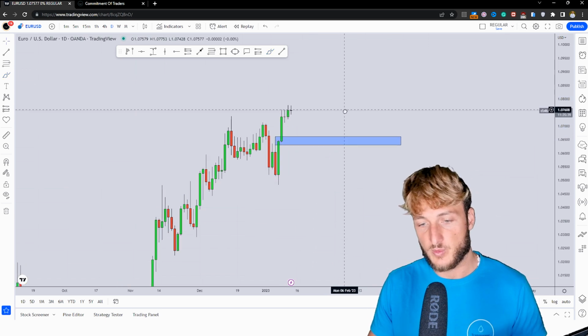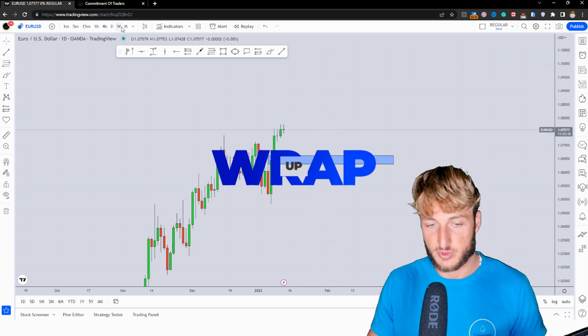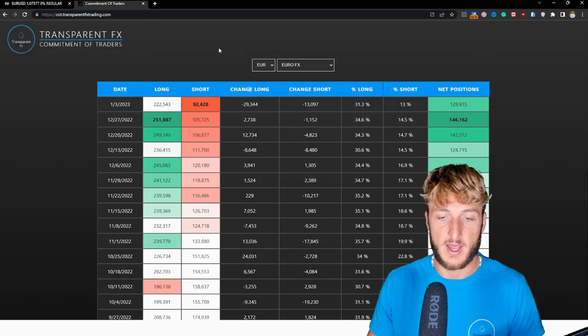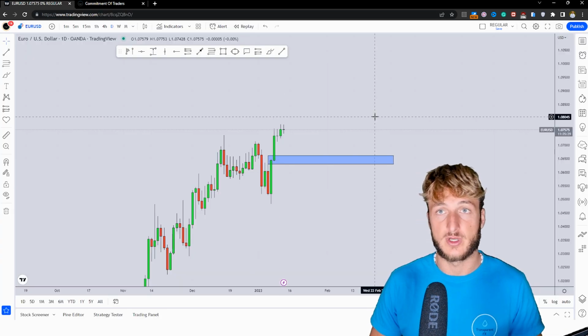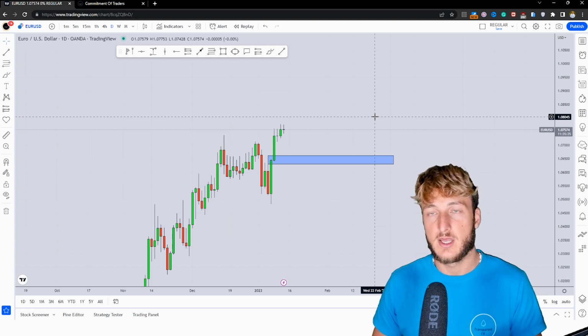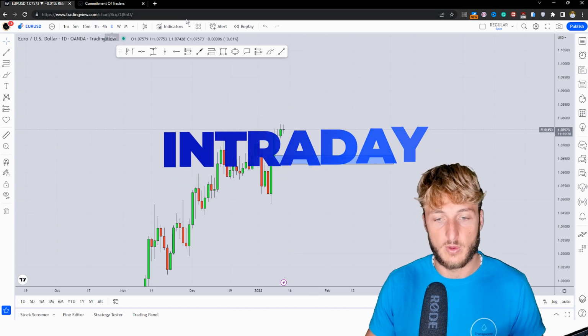Now, how could we be approaching this? As usual, trading is reactive and not predictive. The monthly, weekly, and daily combined with the COT data, those are the best time frames from a directional perspective. However, when it comes to confirmations and entries, the best time frames are the intraday time frames, so 4 hour and lower.